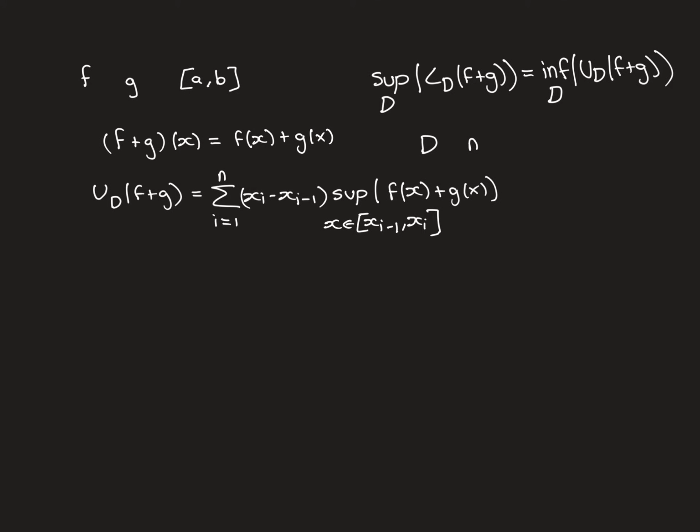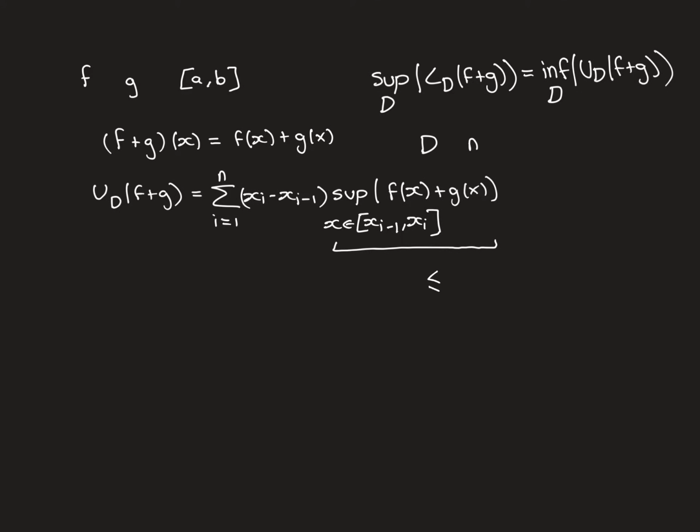Now, how can we actually do that? Well, it's not the case that equality is going to hold true in general. So this we cannot just replace with the supremum of f of x plus the supremum of g of x. Sometimes equality will hold, but in general that won't be the case. What will always be the case is that an inequality will hold true.